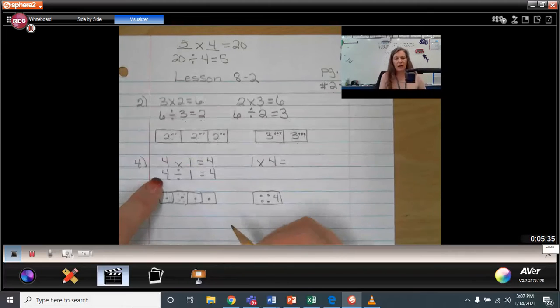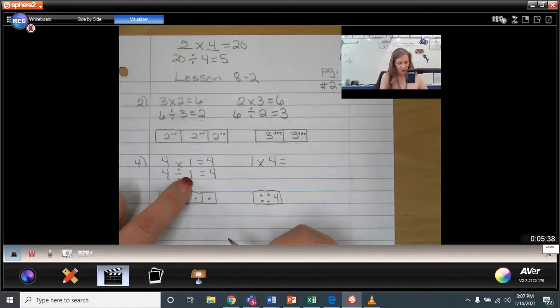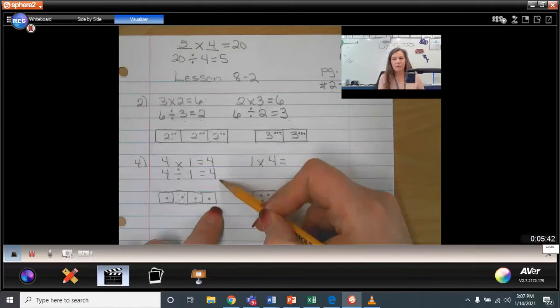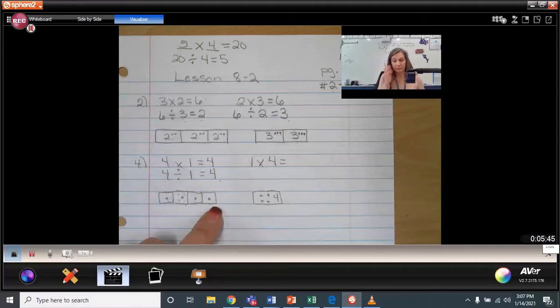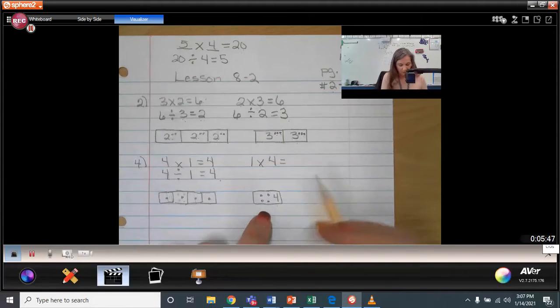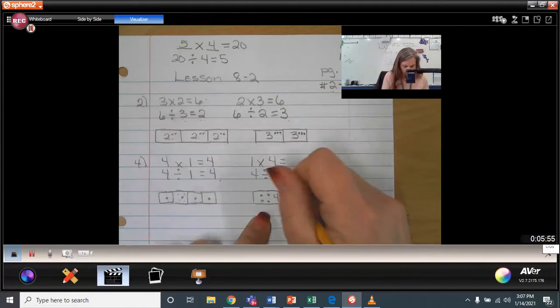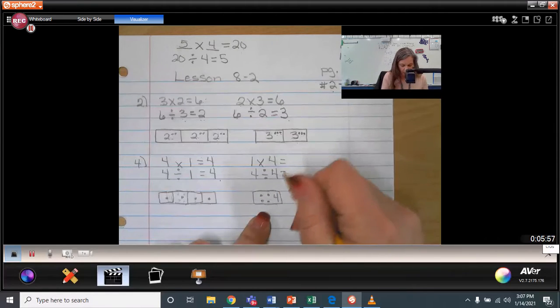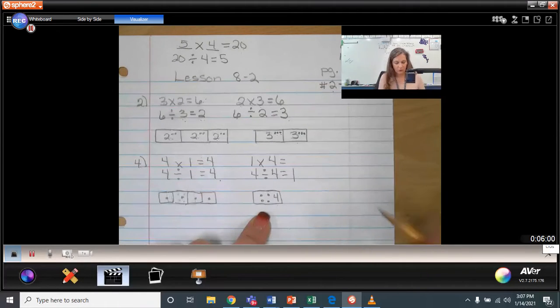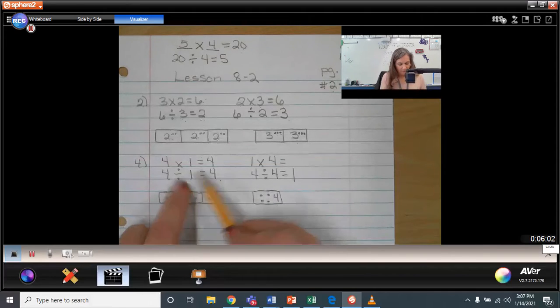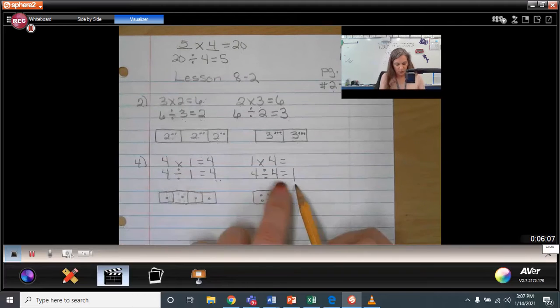If I take those 4 objects and put them into groups of 1, 1, 1, and 1, I would have 4 groups of 1. So this would be 4. I start with the 4. I put it into a group of 4, and I have 1 group of 4. So we're switching our divisor and our quotient.